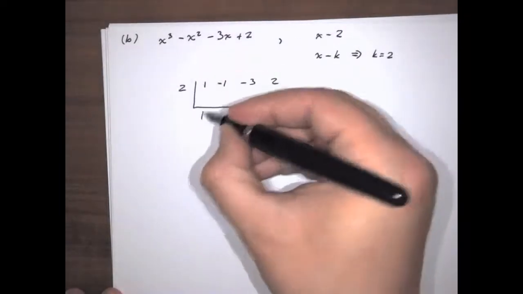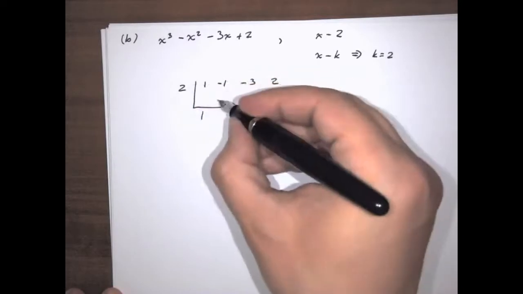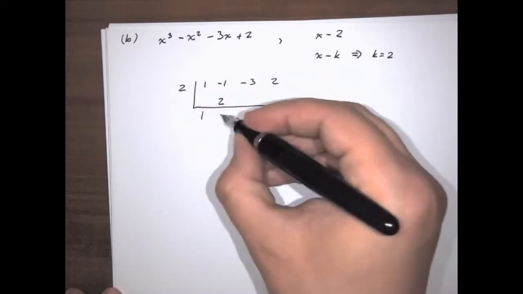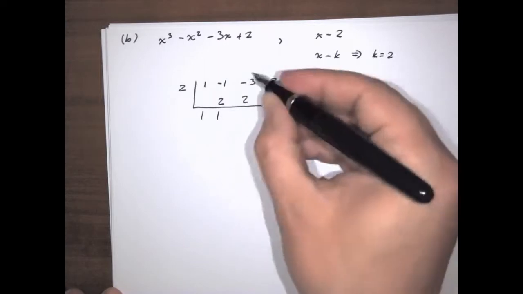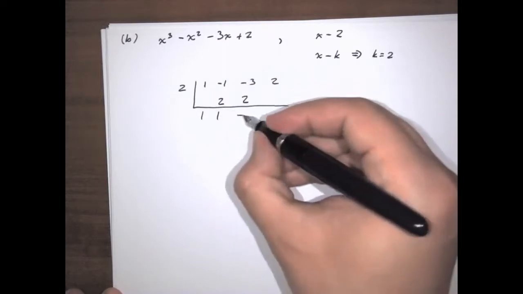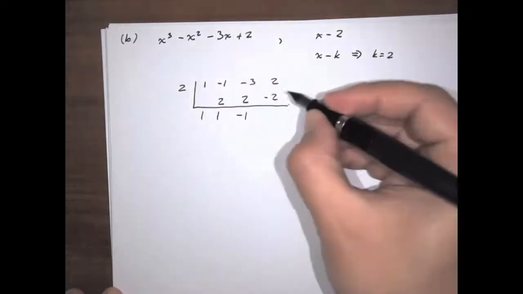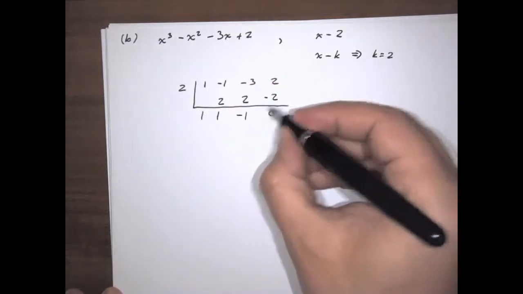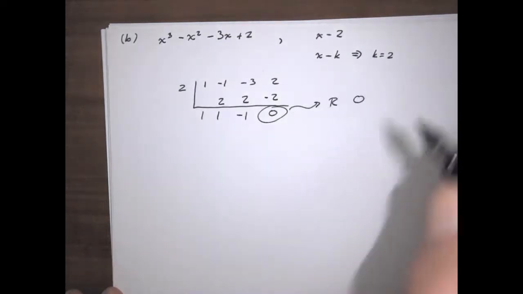Now down comes the first one. Now we do this times this to make the one that goes over here, and we add those. That's going to make another 1. We do that, put them over here. We add those. That's going to make a negative 1. And then negative 1 times 2 is negative 2. And that's going to make a 0 right here, which sure enough is what we needed.